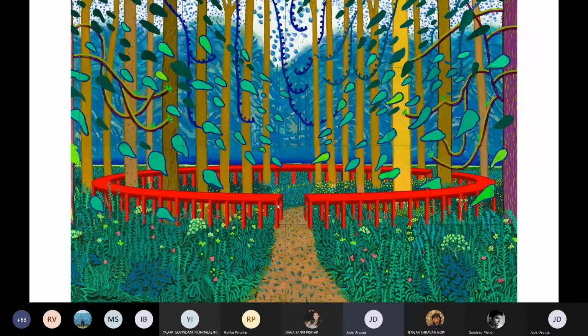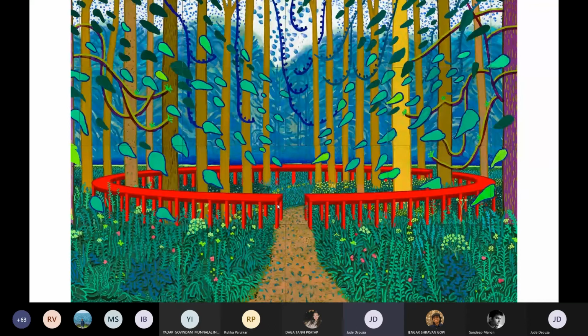The whole idea is expressed in a more abstract way, but it makes its point. So I think this is an interesting project not only in what the intervention was, but also in the way it's communicated. So that's the first project.